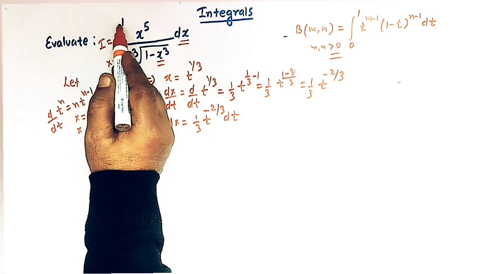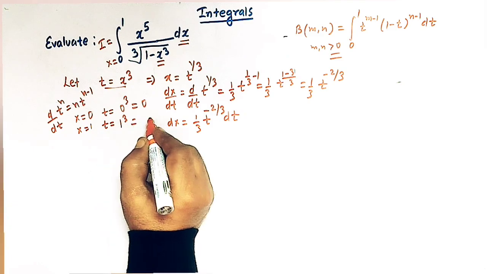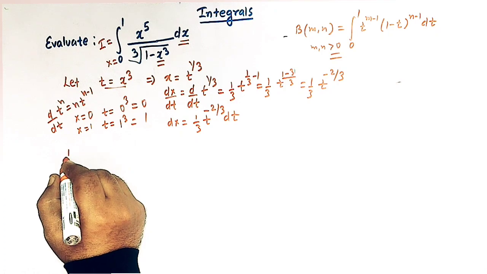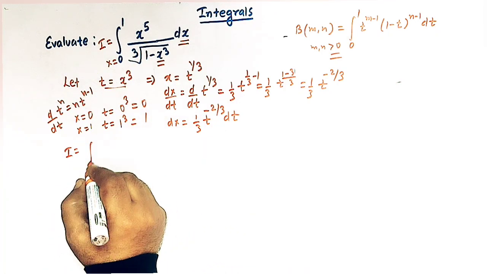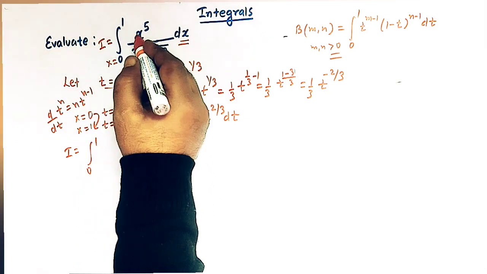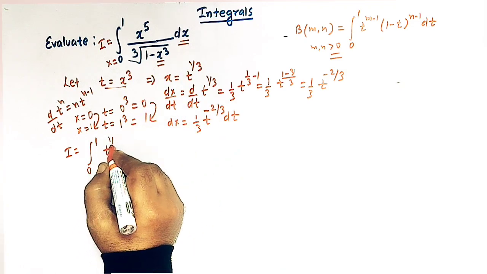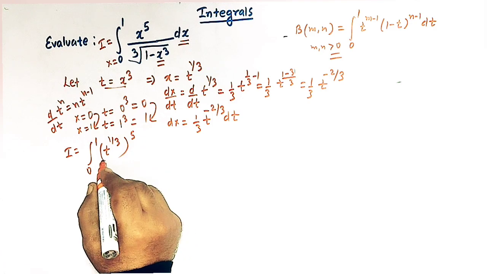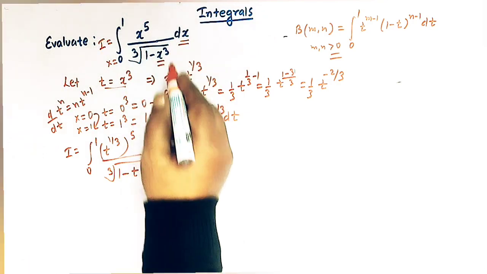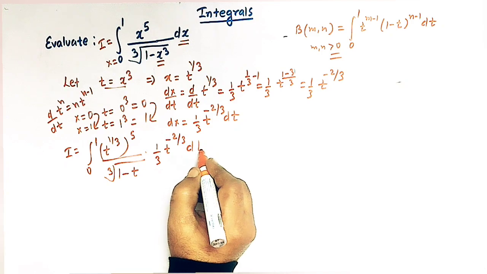And when x is equal to 1, the upper limit, t is equal to 1 cube, that is 1. So we can now write this integral I in terms of t from 0 to 1, the limits remaining the same. x raised to 5 becomes t raised to 5 over 3, then we have the cube root of 1 minus t, and for dx we write 1 over 3 t raised to minus 2 by 3 dt.